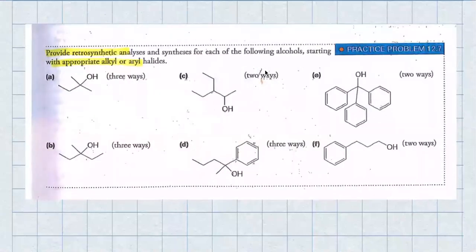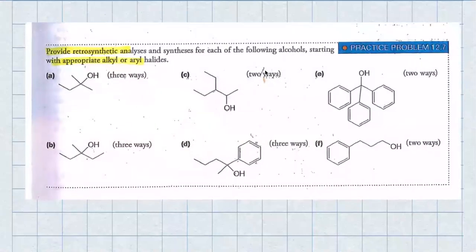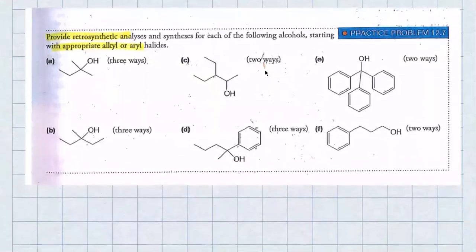Sometimes you're not going to have the Grignard that you started with. For instance, number one says to propose 3 ways to make A, or 2 ways to make C. And to be 100% honest, a problem like E can come from Grignard addition.